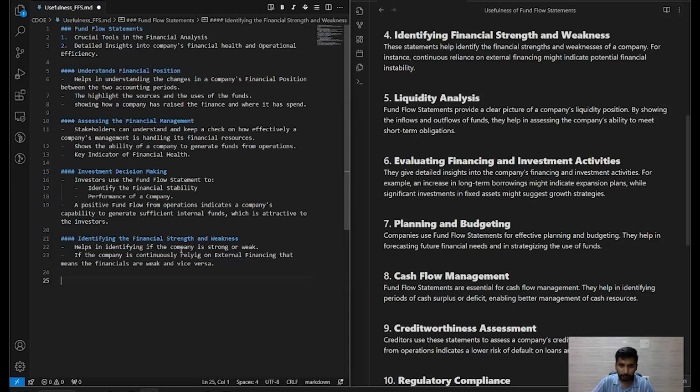Other than that, it is used for liquidity analysis. The fund flow statement provides a clear picture of the company's liquidity position.